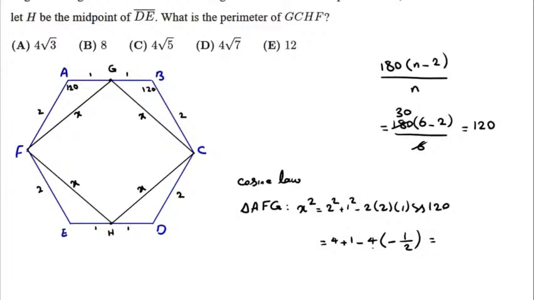And it will be 4 plus 1, 5. It will be plus 2, 7. So x will be root 7. And because we want to find the perimeter, the answer will be 4x, which will be 4 root 7. And the answer will be D.